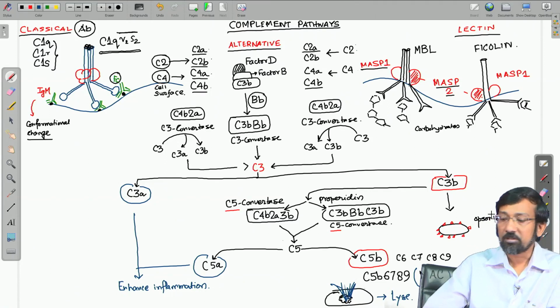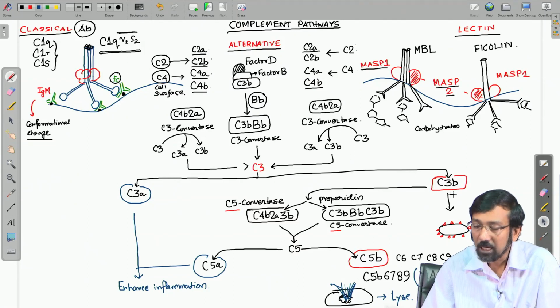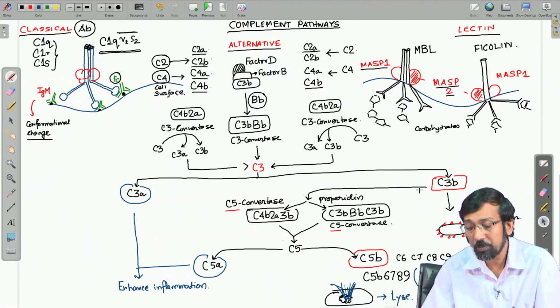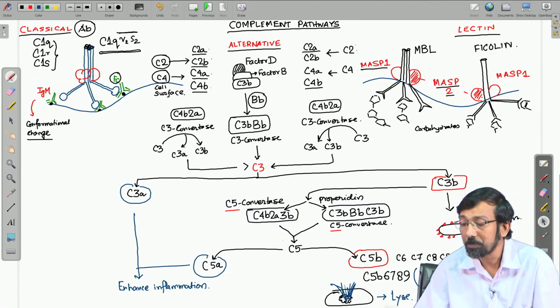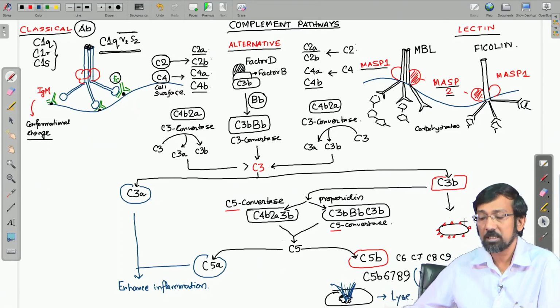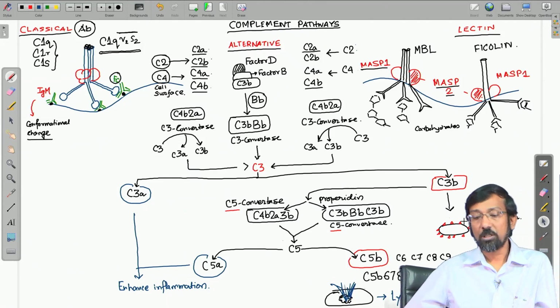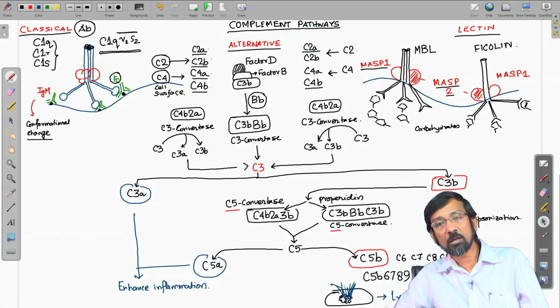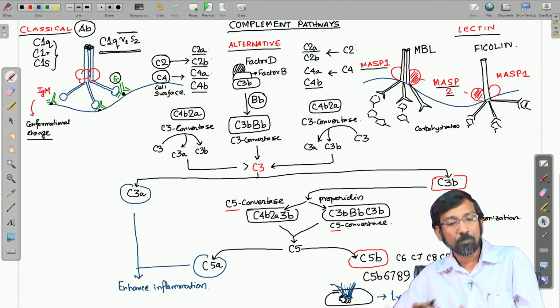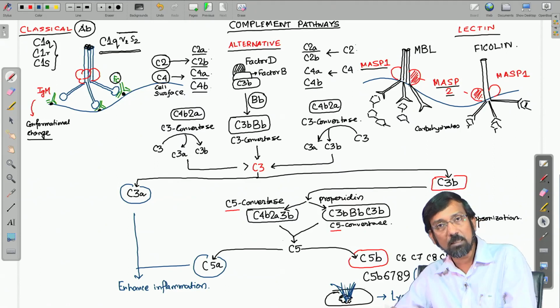And finally, C3b, as we have seen here, independently, other than forming the C5 convertase, it can also lead to opsonization. It can go and coat the surface of the pathogen and assist the phagocytic process and lead to opsonization. So, this is an overview of the entire three different complement pathways, the classical, the alternative and the lectin pathways.